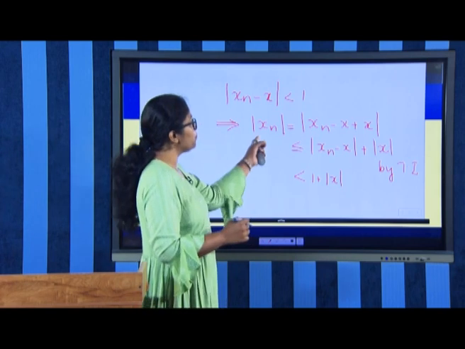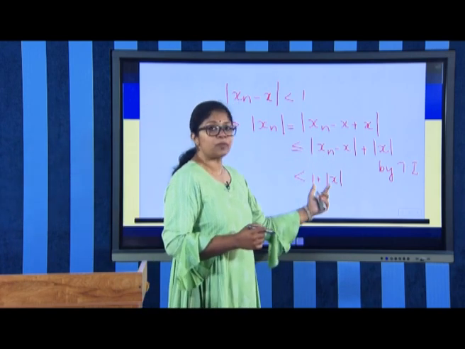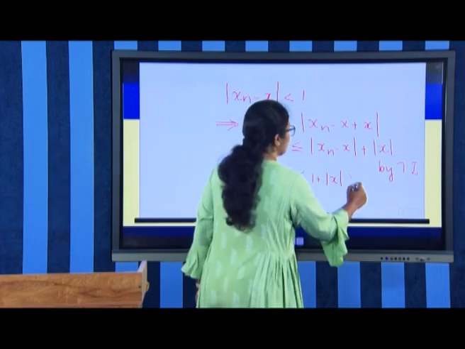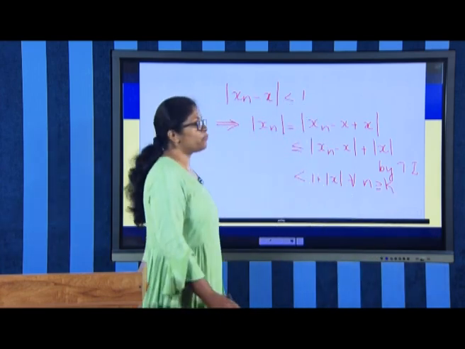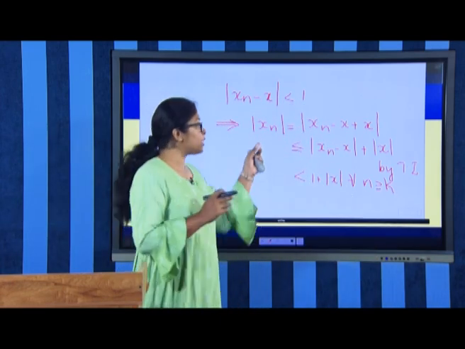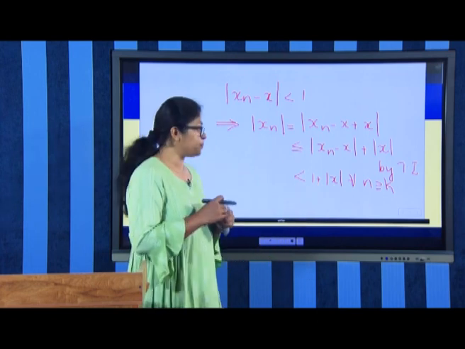This is true when mod xn minus x is less than 1, and when is this less than 1? For every n greater than or equal to k. So, from k onwards, modulus of xn is bounded above by the number 1 plus mod x.